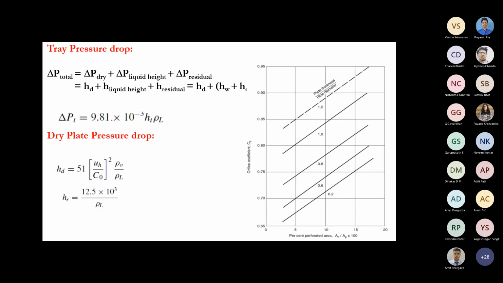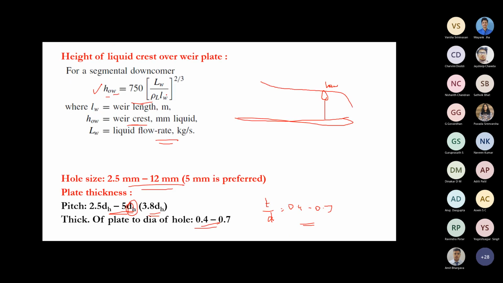Once this is done, next we have to check it. Normally when you calculate this HOW, you have to take LW. This LW will normally be calculated based on the turndown ratio.